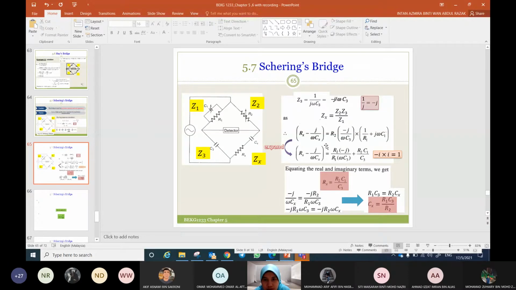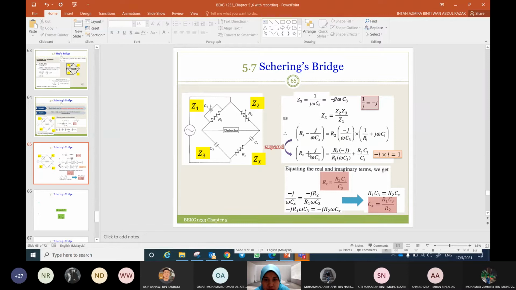So we expand this equation. We multiply this, and after that, we equate the real and imaginary terms. This is a real term, this is a real term, this is an imaginary term because we have j, and this is an imaginary term.